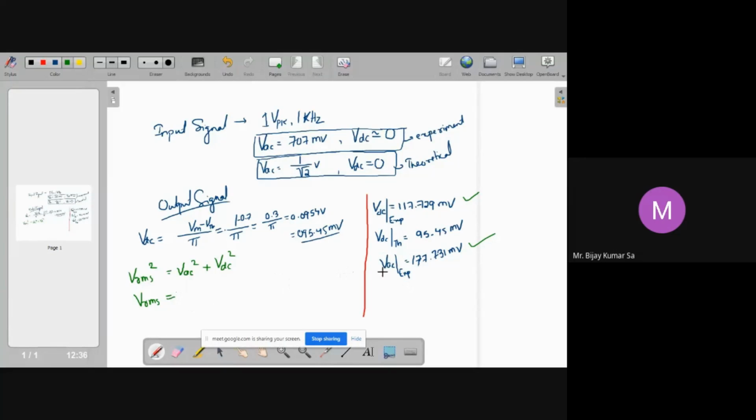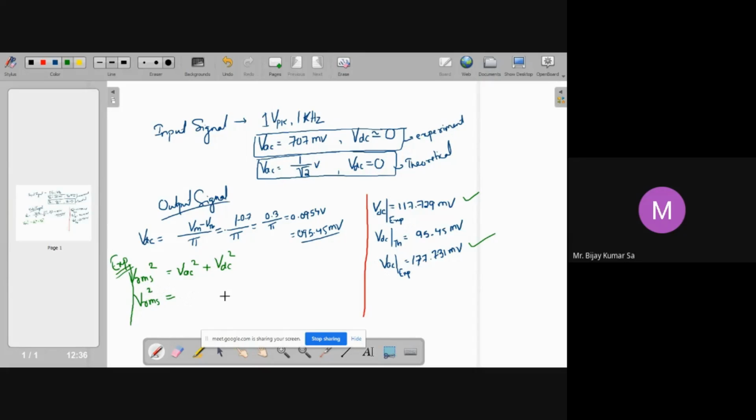So the experimental value of VRMS we can get from VAC square plus VDC square. Keep in mind we are doing this for experimental. VAC we know, VDC we know from the experimental measurement. So VRMS we are not aware of, so we are going to check it out.